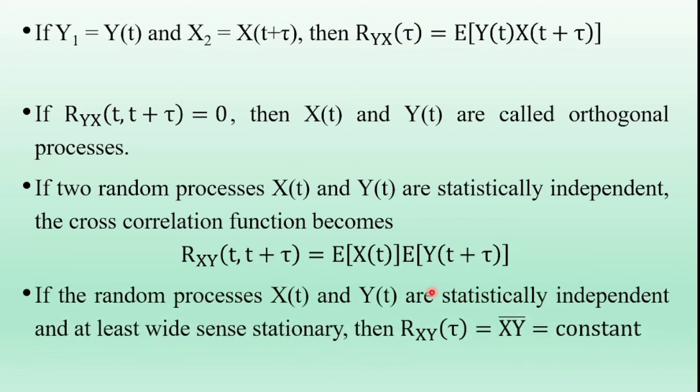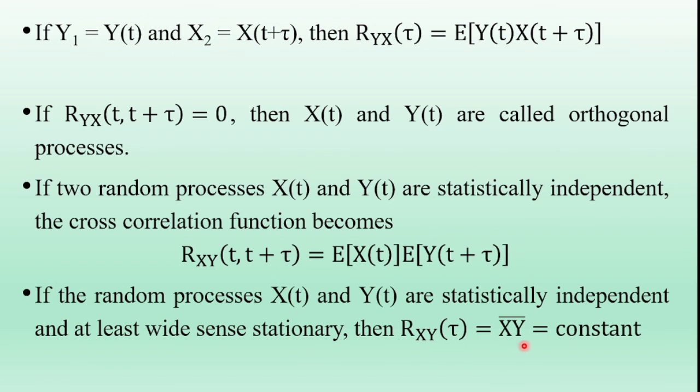If the random processes x(t) and y(t) are statistically independent and at least wide sense stationary random processes, then the expectation of y(t plus tau) is equal to the expectation of y(t). Therefore Rxy(t, t plus tau) or Rxy(tau) is equal to the expectation of x(t) into the expectation of y(t), which is equal to x bar into y bar.